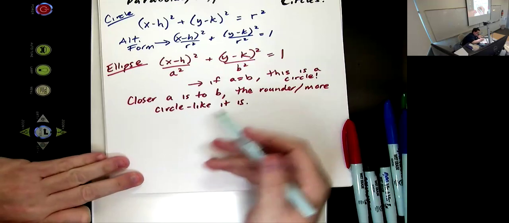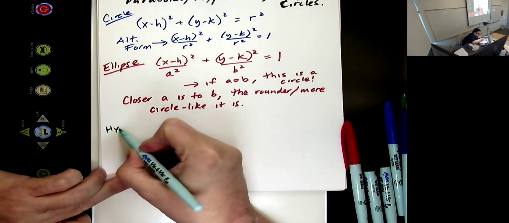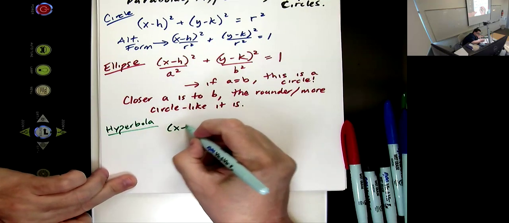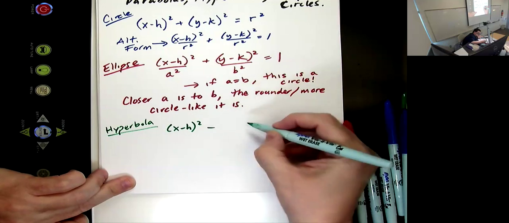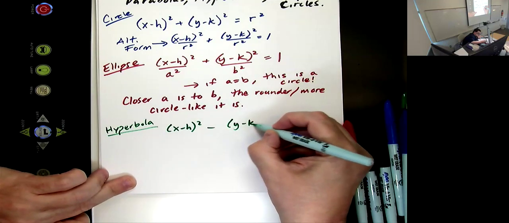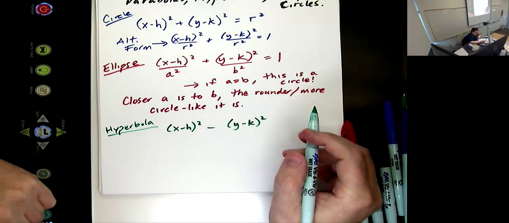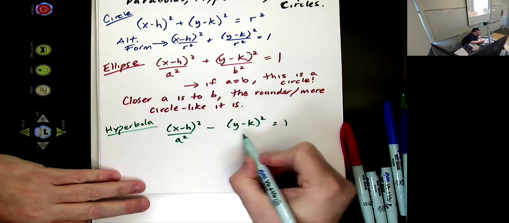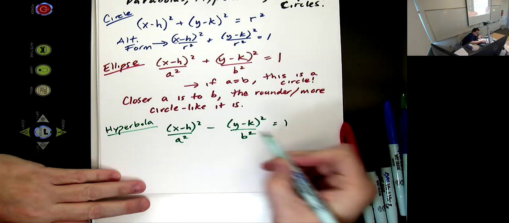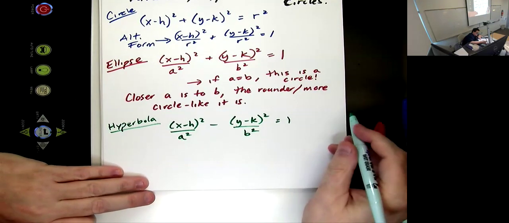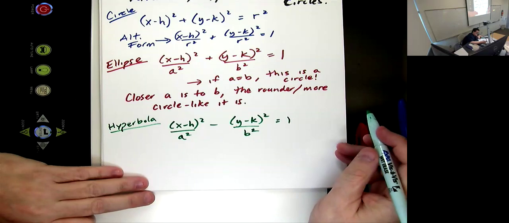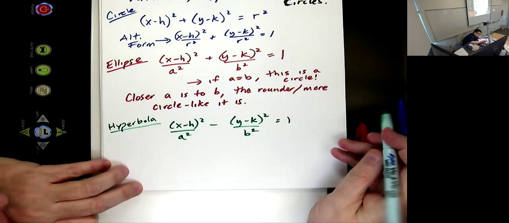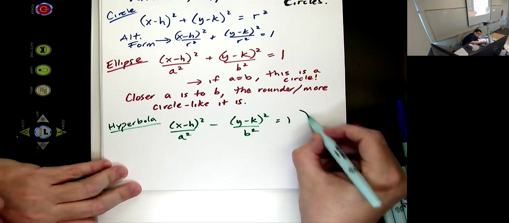And what about the hyperbola? (x minus h) squared over a squared, minus (y minus k) squared over b squared, equals 1. Is that a hyperbola that opens up and down or left and right? Left and right. So this is a left and right one.